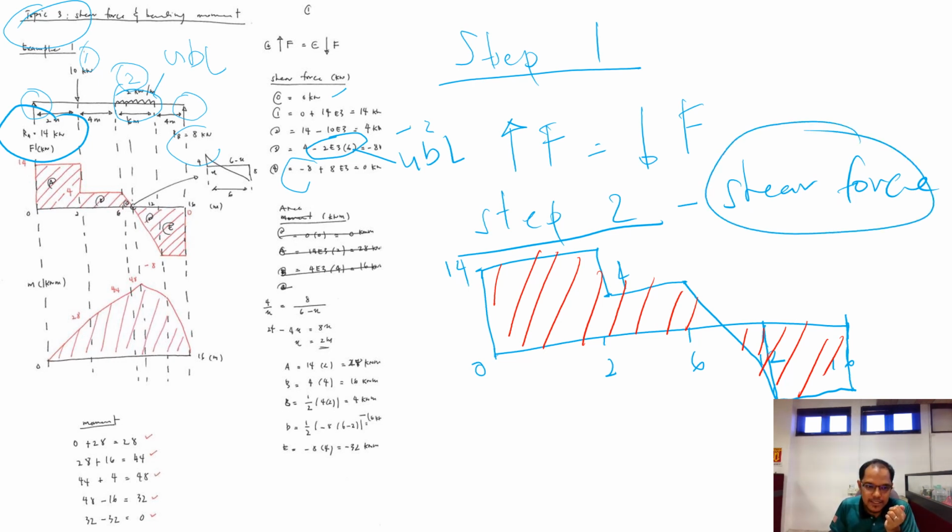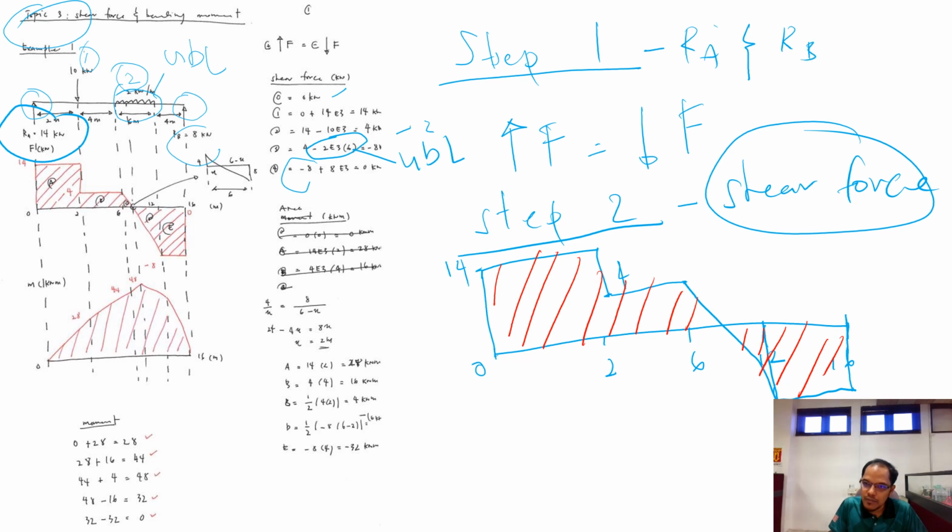Very easy. Okay, less than 10 minutes we managed to get this one. Okay, so I recap. First thing first, you need to find RA and RB.